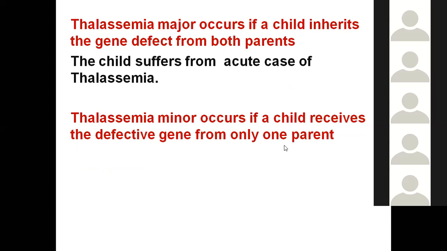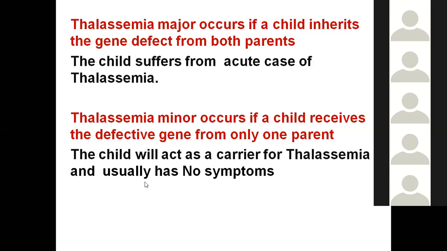As I told you in the beginning, major occurs if the child inherits genes from both parents, where both the parents are affected or the carriers, and they give their genes to the child. Otherwise, it is minor if it is coming from a single parent, mother or father. The child will act as a carrier for thalassemia minor and usually has no symptoms.